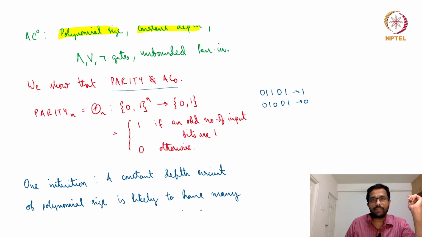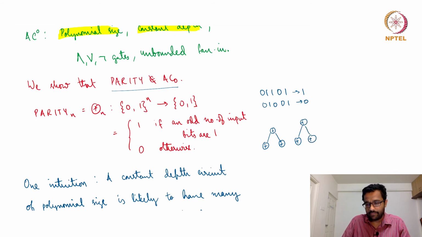It's a very simple function, and in the previous lecture we actually saw that you could have an NC1 circuit, which means a circuit of log n depth, that can compute this. We noted that we could have a log n depth tree where each gate is a 2-input parity gate, and this can be used to build a parity n function.